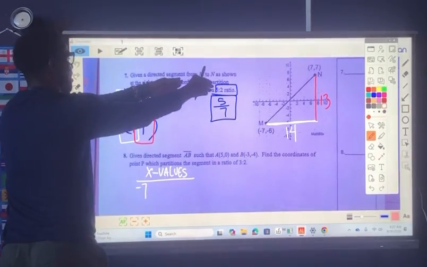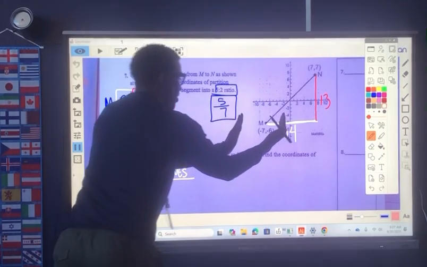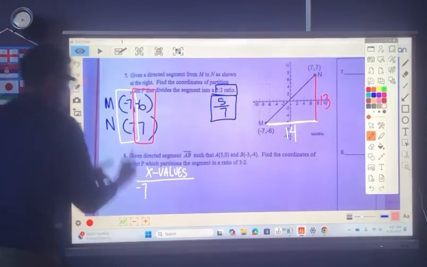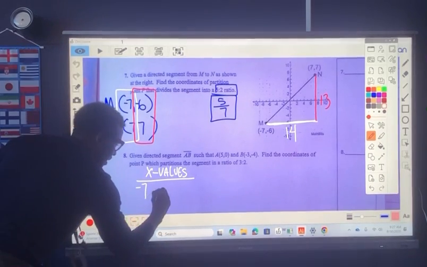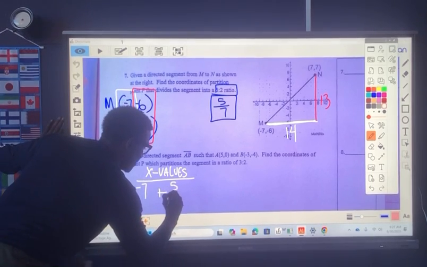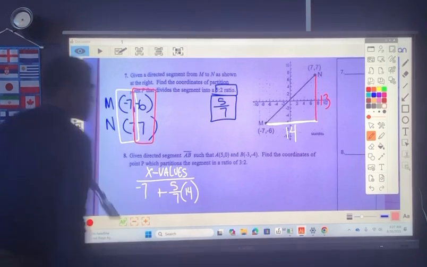They said they want the segment to be 5 to 2, or 5/7. So you're going 5/7 of this distance of 14. So from -7, you're going to add 5/7 of the distance of 14.